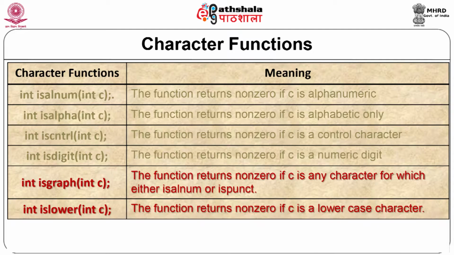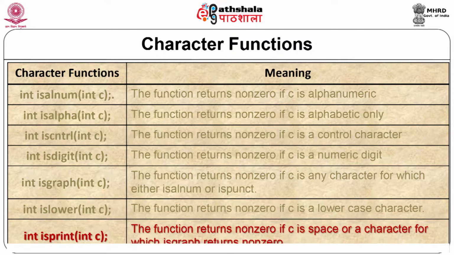The next character function is islower. This is used for testing lowercase characters. The function returns a non-zero value if c is a lowercase character. The next character function is isprint.